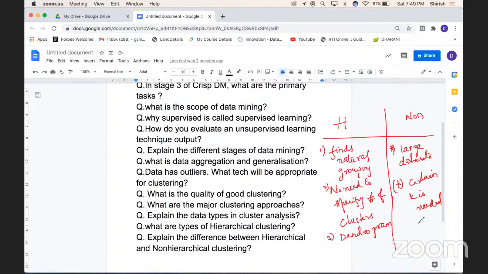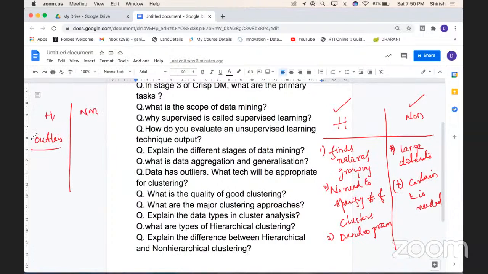Okay. But every time this might not be good enough, right? Exactly, Madhu. When you talk about clustering, hierarchical clustering is not preferred when you have outliers. Hierarchical, you don't choose this. It has its own do's and don'ts.